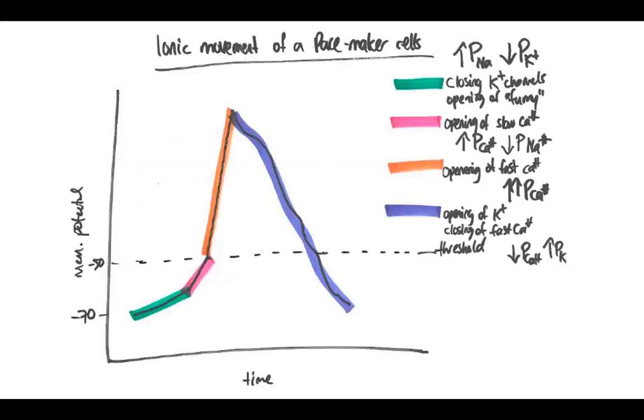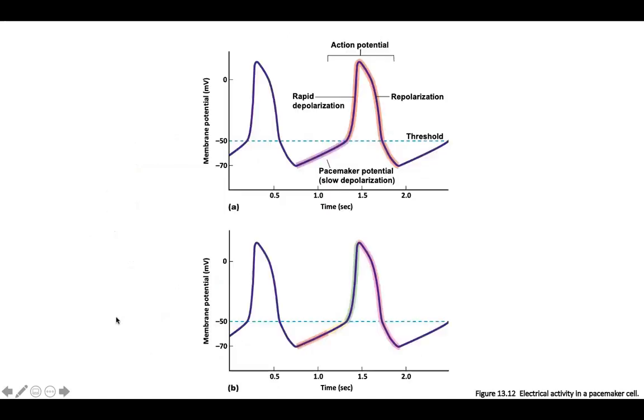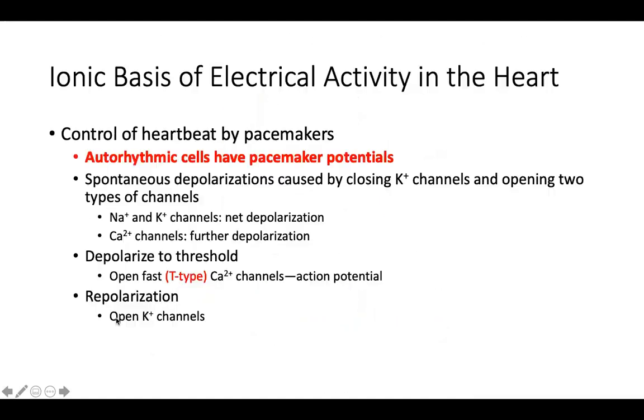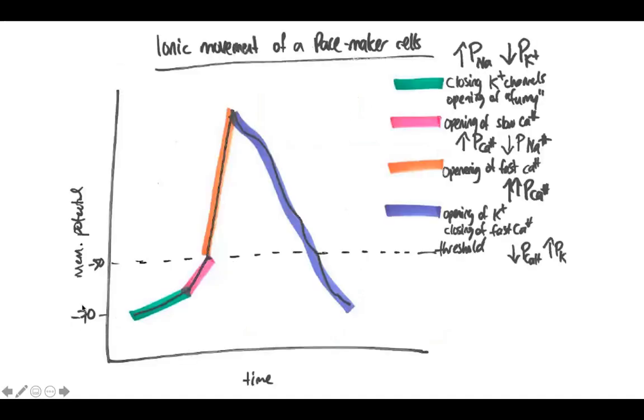All right, let's illustrate that here to make a little bit more sense. So here is the ionic movement that's happening inside a pacemaker cell to result in an action potential. We start at about negative 70 millivolts, so the resting for our pacemaker cell. We then have the closing of potassium channels and the opening of funny channels.